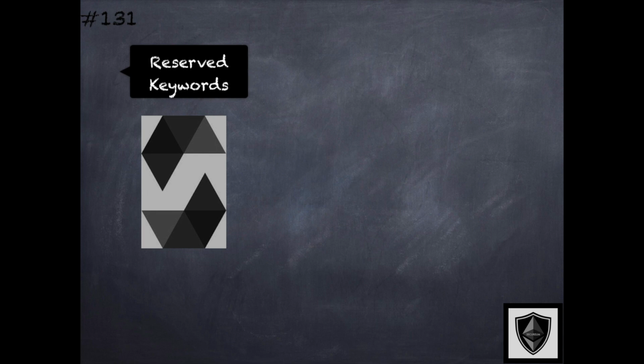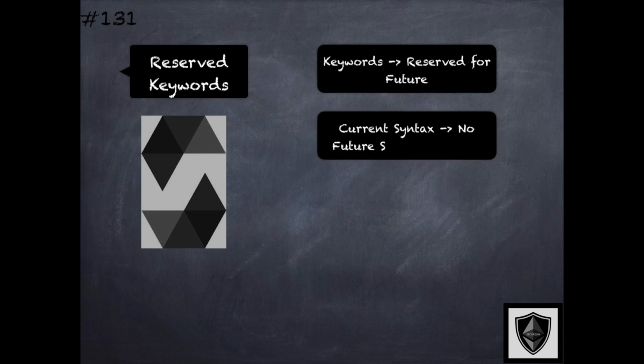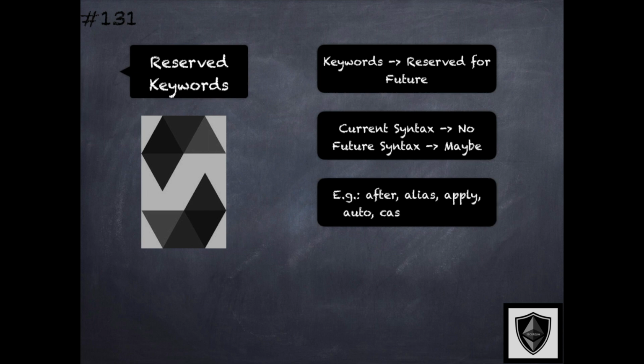Let's now talk about reserved keywords. These are keywords in Solidity that are reserved for future use. They're not currently used by any of the syntax that is supported by Solidity, and may be used for any anticipated new syntactic features within Solidity. There are many such reserved keywords.